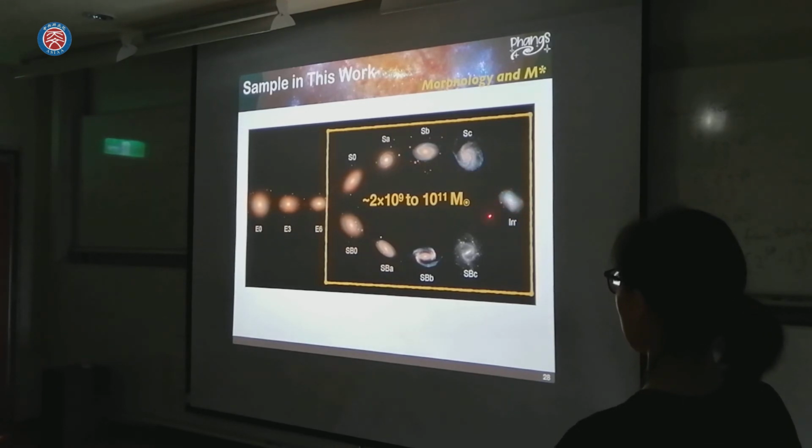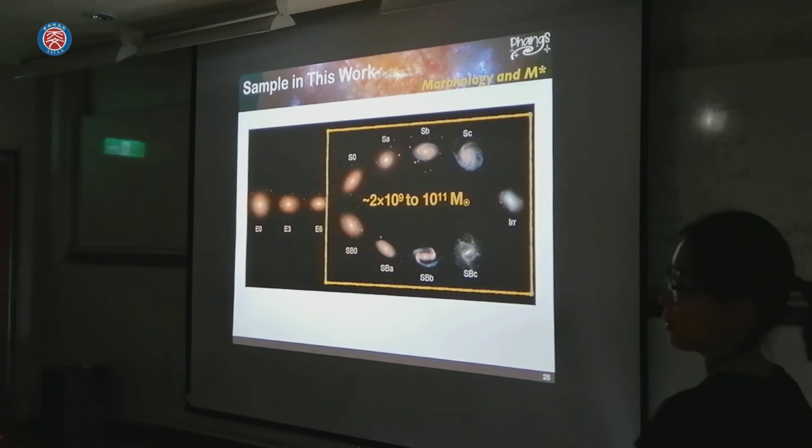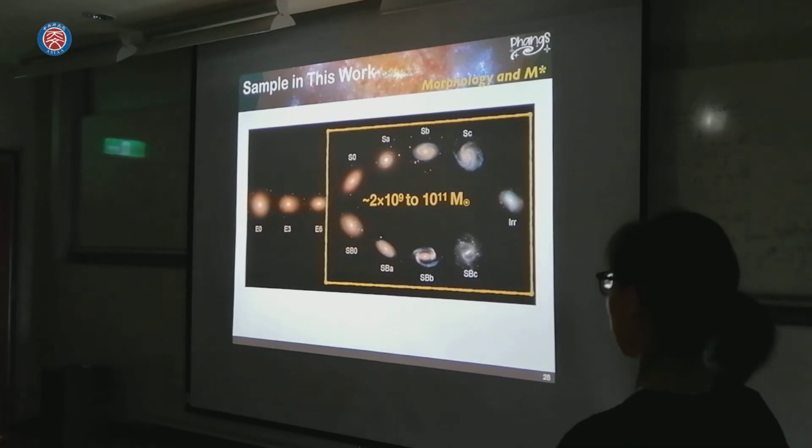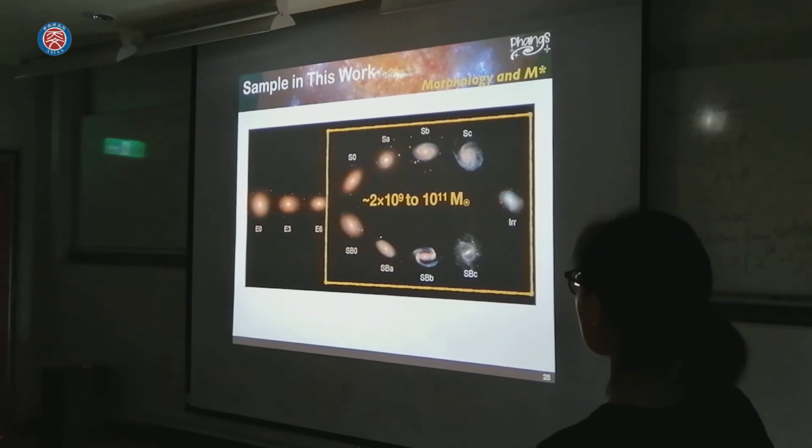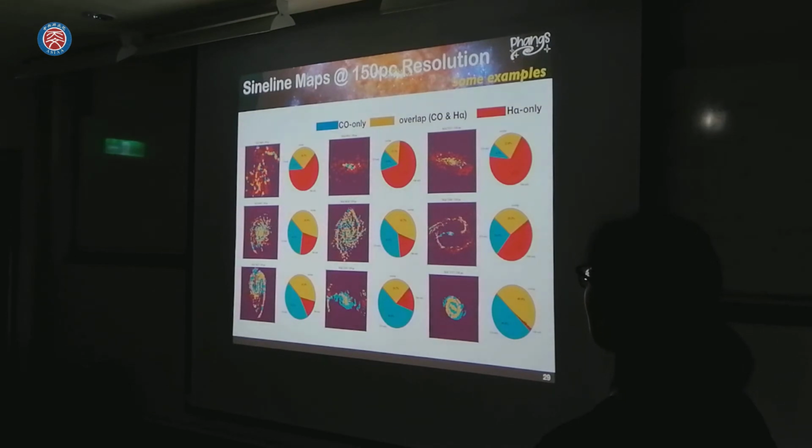And the stellar mass ranges from about 10^9 to 10^11 solar masses. And here is another example of the very different sightline fractions in the galaxies, sorted by something you can guess what it is.